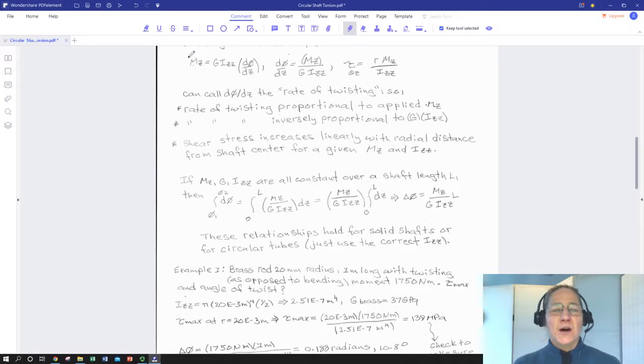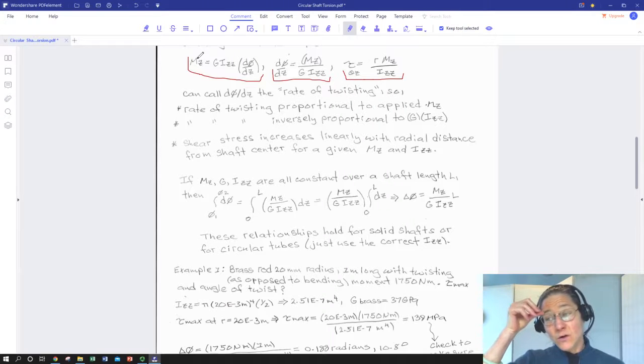So we're just going to point out some generalities that we can express based on these three different ways to state these relationships. I've highlighted our three different expressions, which are basically all equivalent and just rewrites of one another, but emphasizing, if you want to know how much torque you would need to apply for a given shaft size, material, and desired angle of twist, you've got this expression.